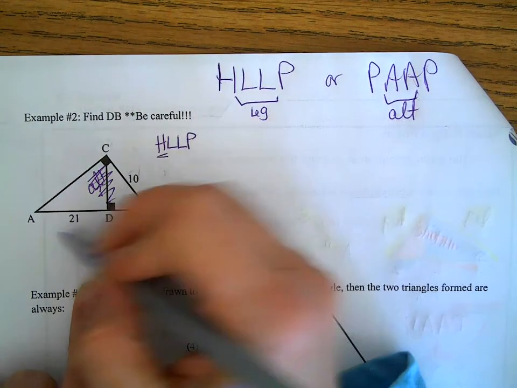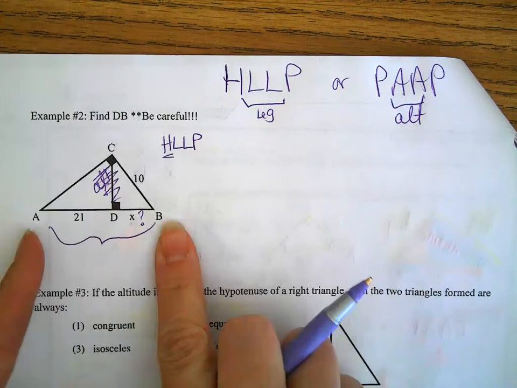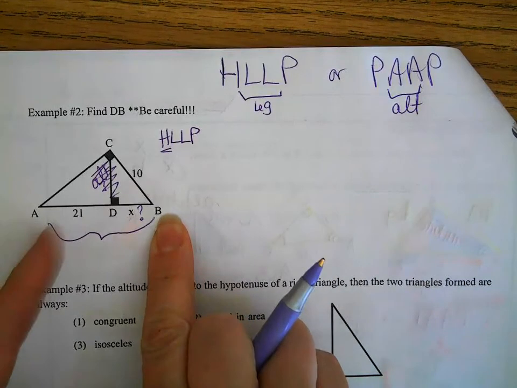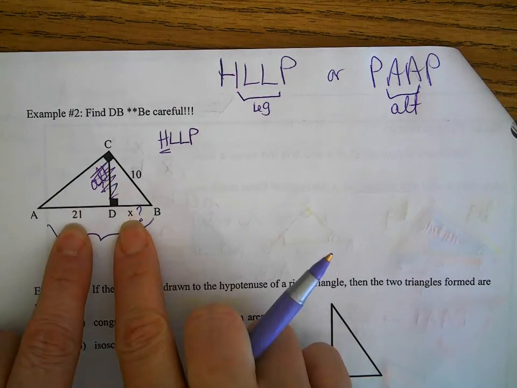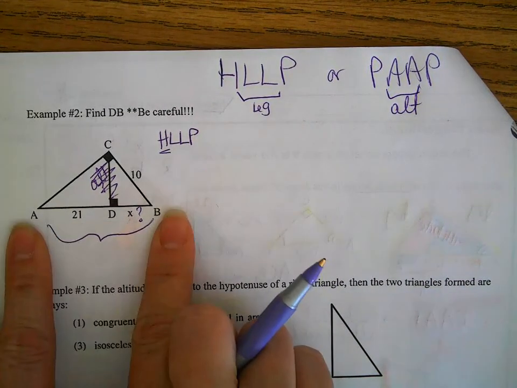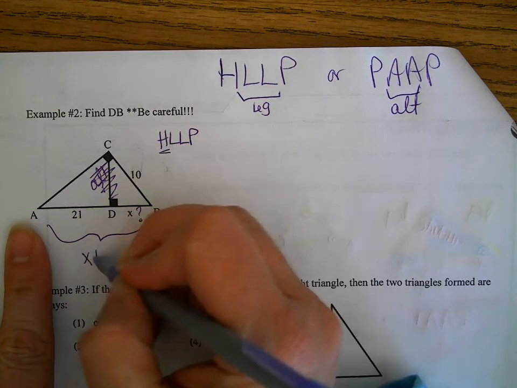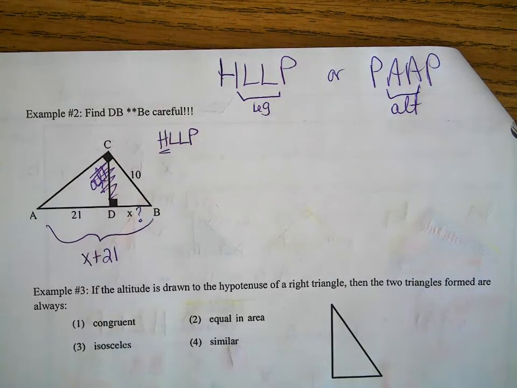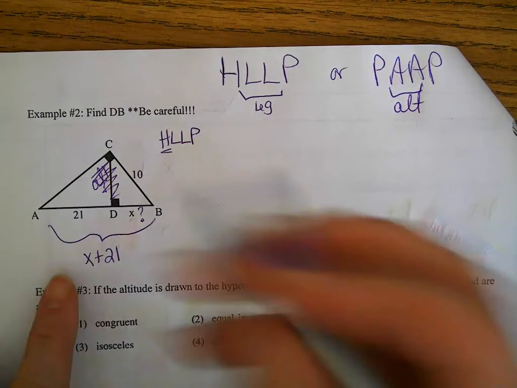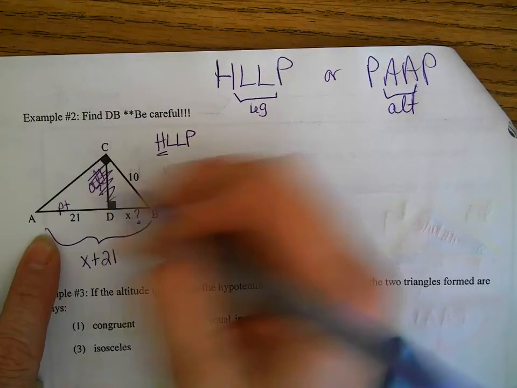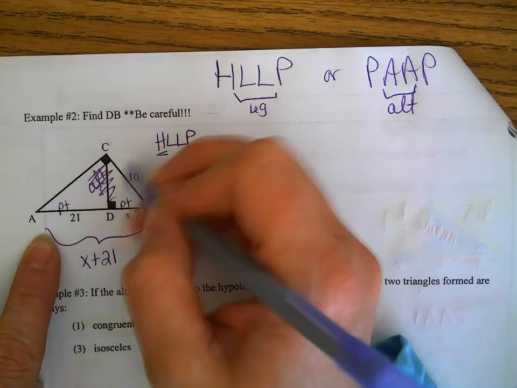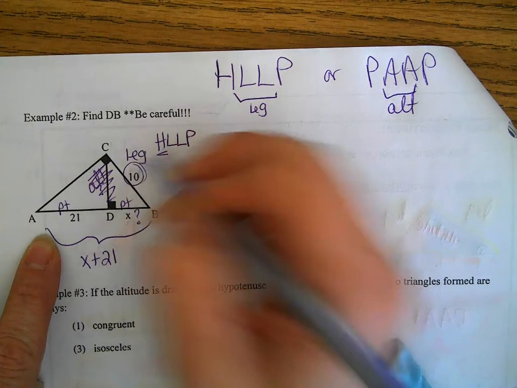So to find our hypotenuse, that's the entire hypotenuse down at the base of this picture. This is 21 and this is x. The entire thing is x plus 21. Okay. The 21 is a part, the x is a part, this 10 is your leg.